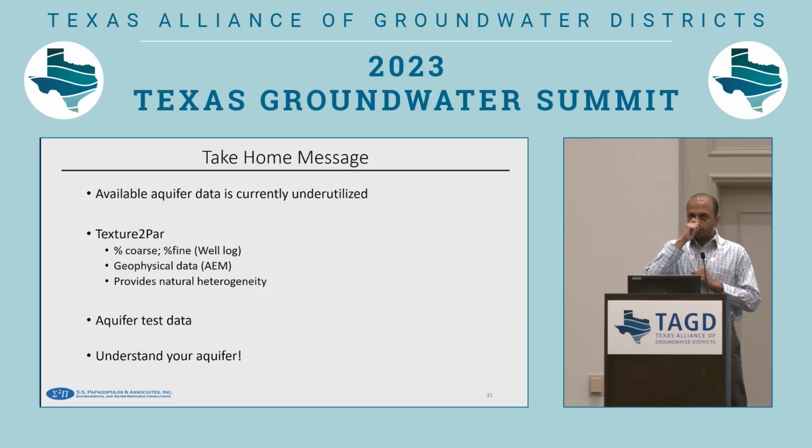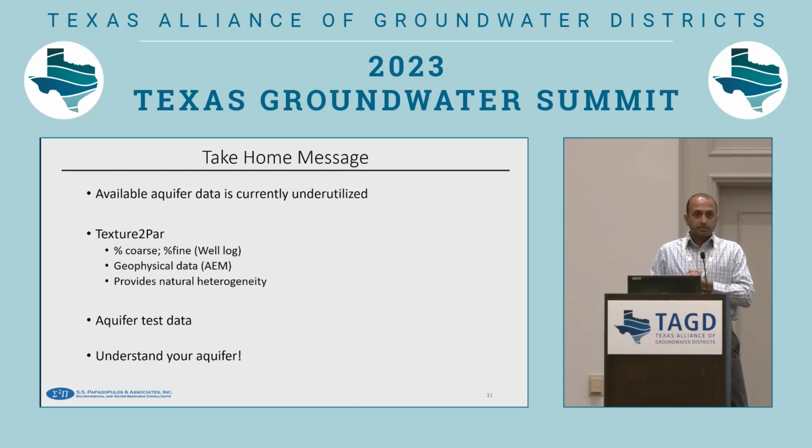And you can be parsimonious in your parameters. You can have just a handful of parameters, but you can still get the heterogeneity on a basin-wide or regional scale and calibrate with very few parameters. And it's tethered to geologic conditions on the ground.